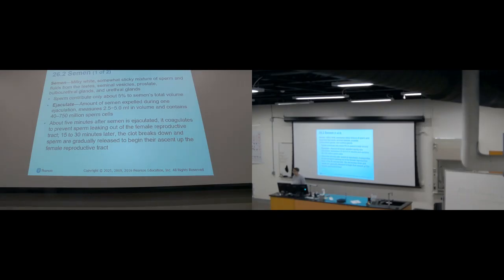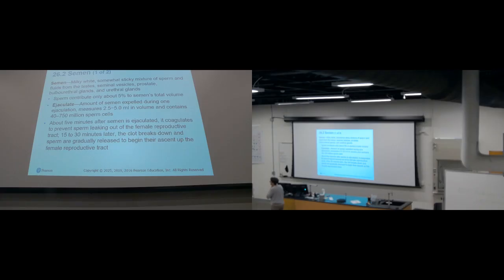Semen has 5% sperm cells, and the other 95% is mixed secretions from the prostate gland and the seminal vesicles. The volume of semen that is ejaculated is between 2.5 to 5 milliliters, and it's supposed to have between 40 to 750 million sperm cells.